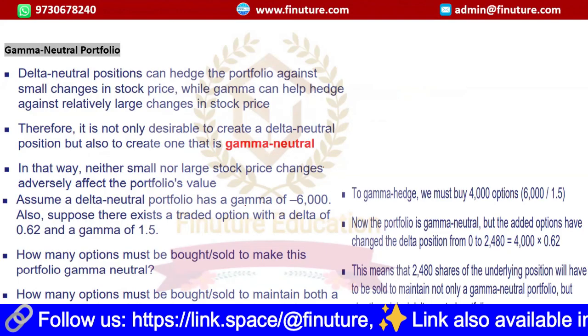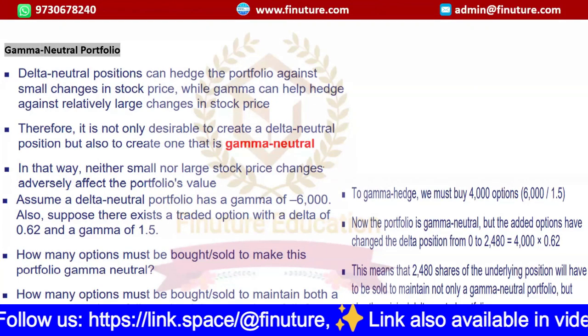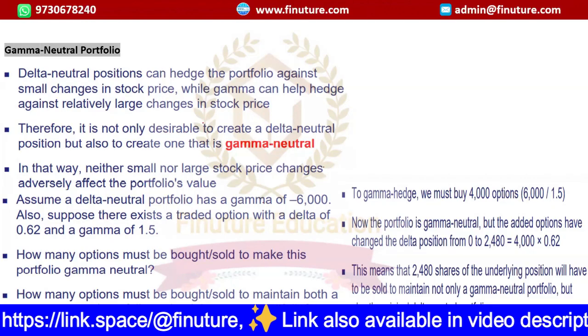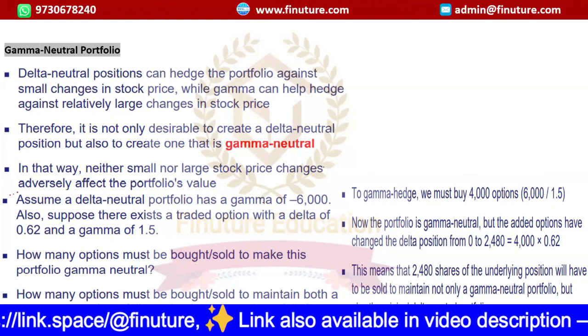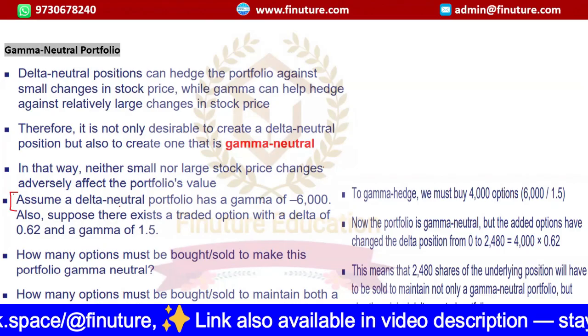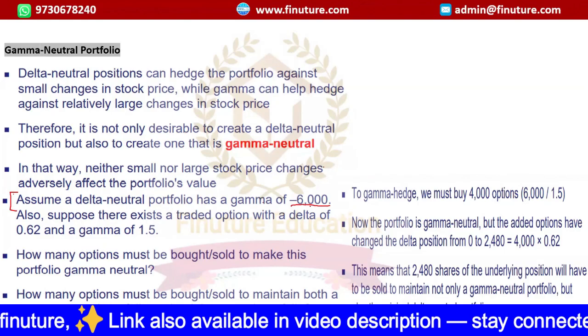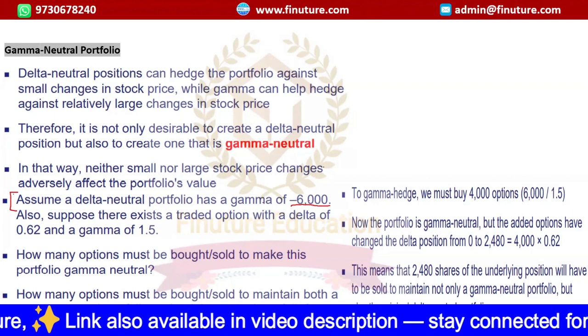So let me explain this using an example. If I just go through this text, it may not help. Let's look at this example here. Assume a delta neutral portfolio that has a gamma of minus 6,000.